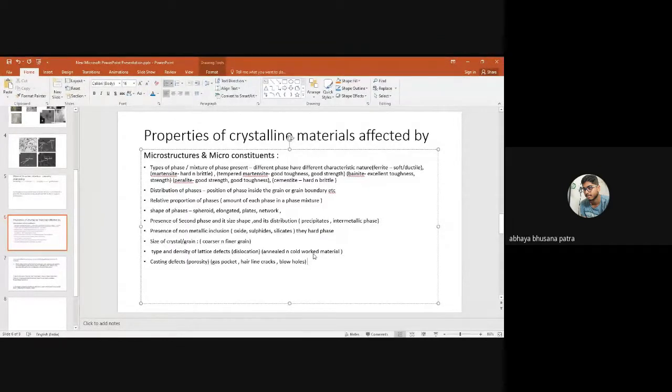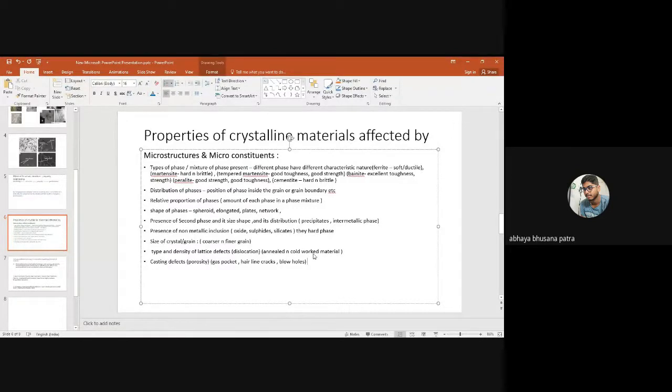Why a crack initiation point? Just imagine I have given you a block of steel, and at the center of that block a porosity is there. If you apply a tensile load, what will happen? You are applying a lot of tensile load on it now. The crack will initiate from the porosity part. Why? Because stress concentration is more. Yes, very good. The concentration of stress will be very high around that porosity.